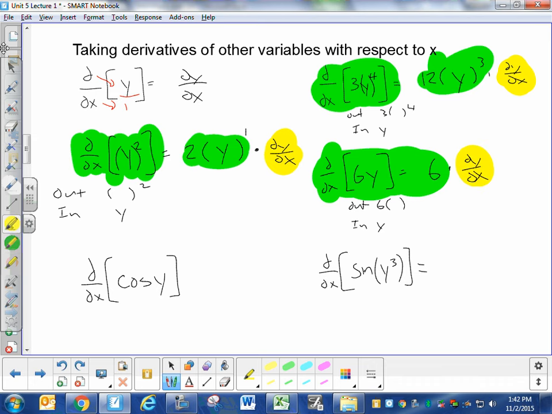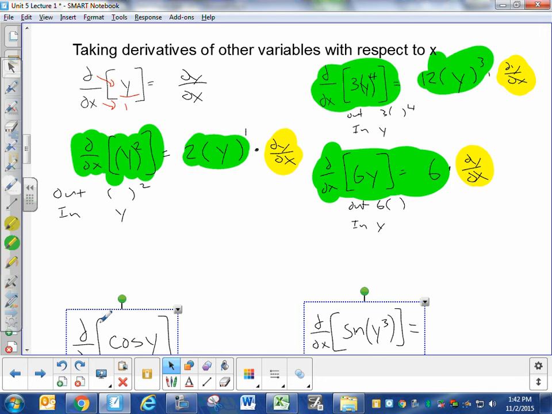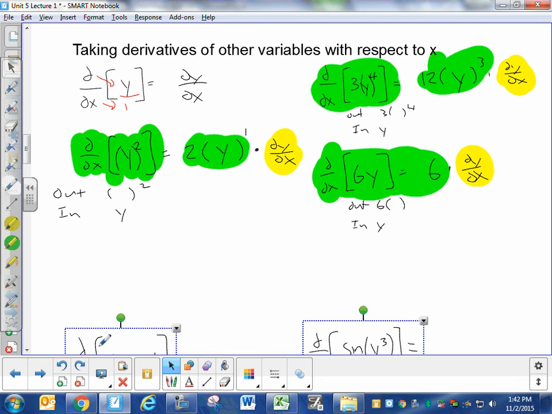Taking derivatives of y's with respect to x is the same as taking derivatives of x's. Same procedure, same rules that you know. The only addition is that we have to multiply by a dy dx afterwards. You can write that down just so you don't forget it.